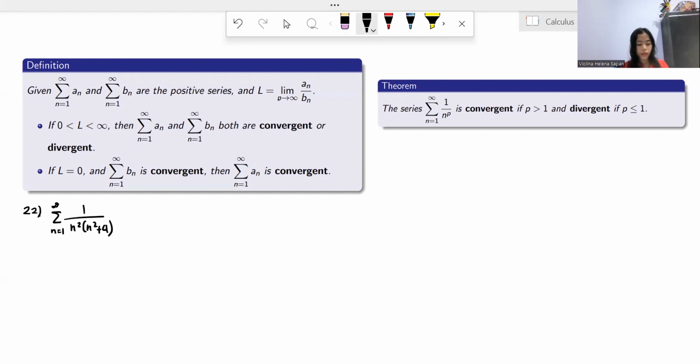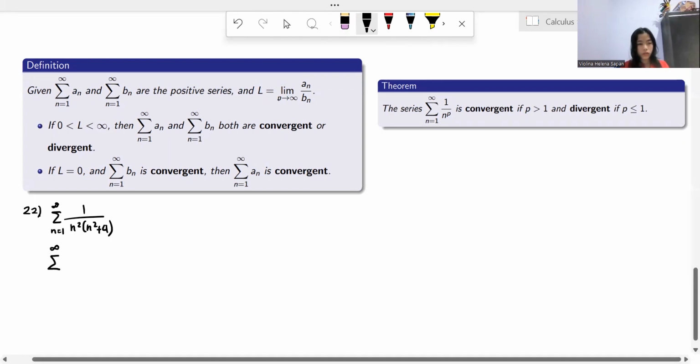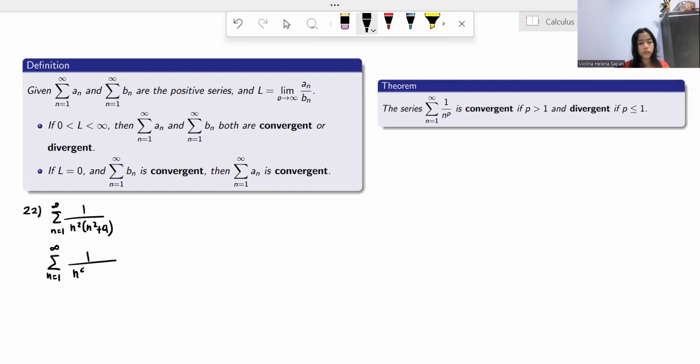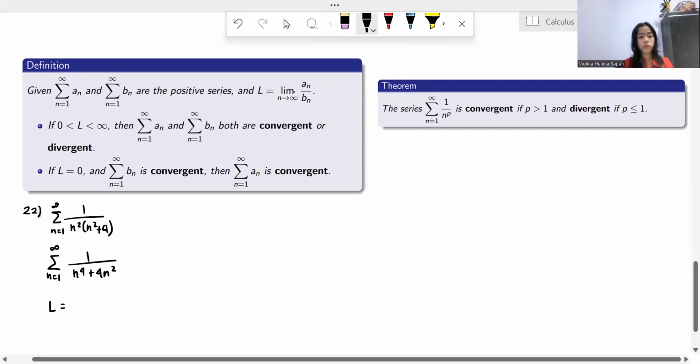So first, we have to distribute the denominator. Okay, so next we have to find the L. So according to the definition, L is equal to limit as n goes to infinity of a sub n over b sub n.